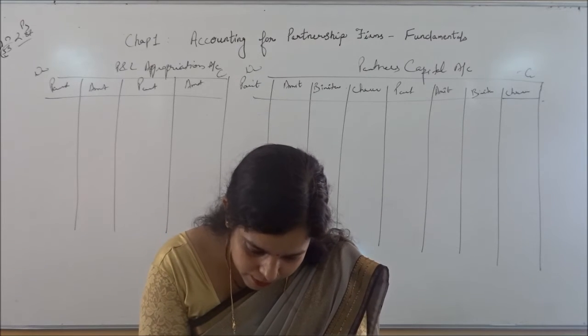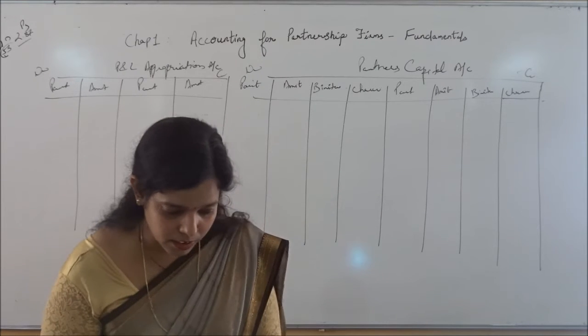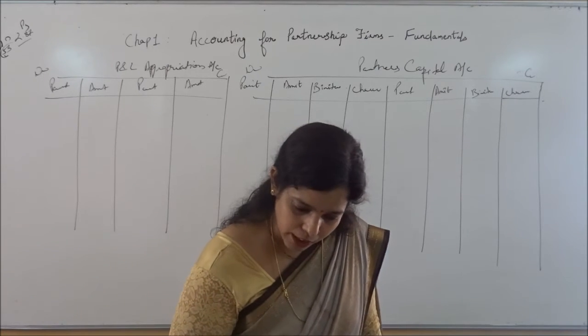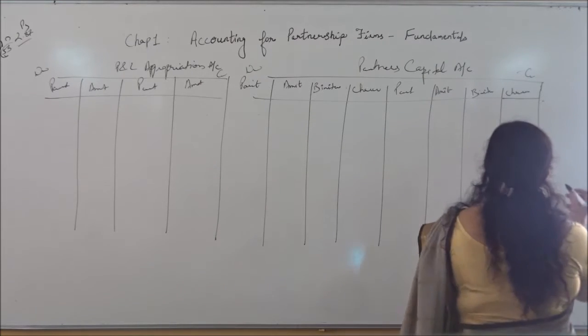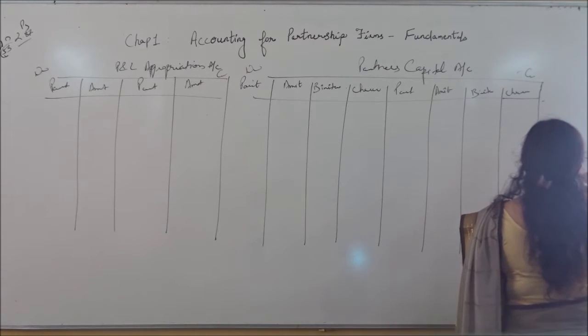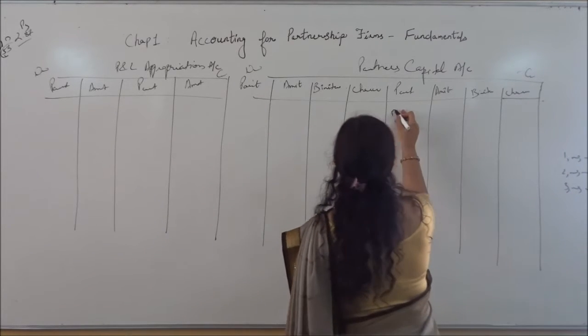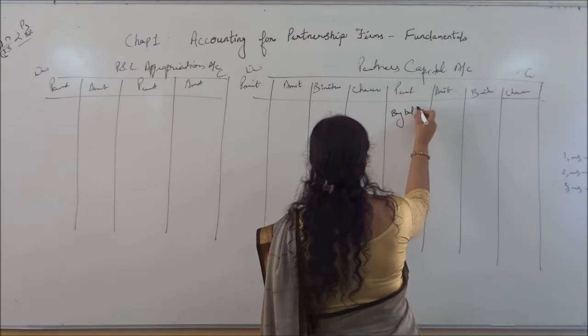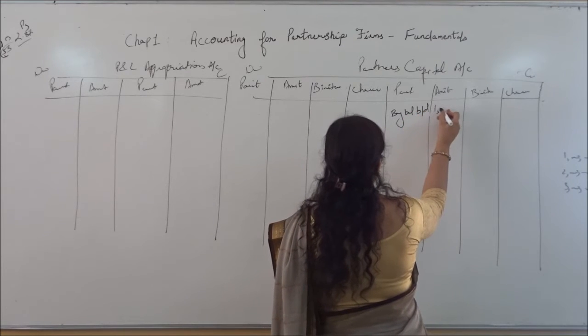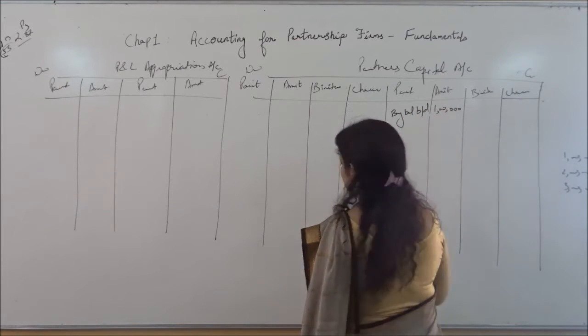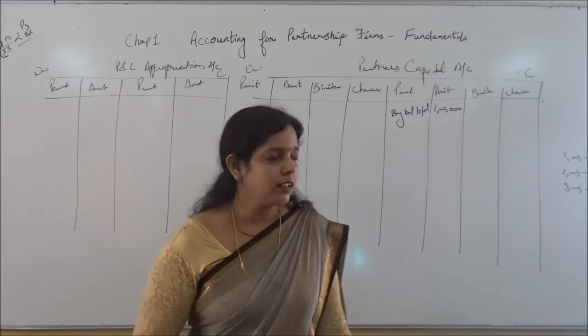See how much capital they have invested: 1 lakh, 2 lakh and 3 lakh. Capital invested by them, where will it come here? By balance b/d. See, nothing is given regarding the balances, so by default it will be a credit balance.